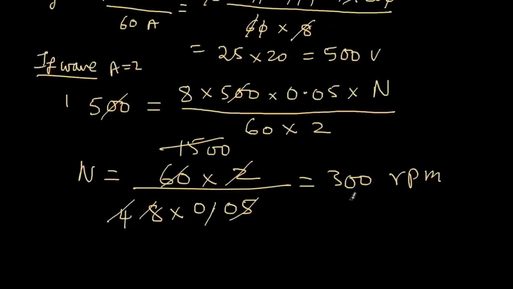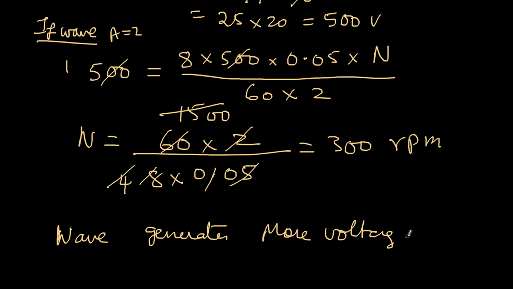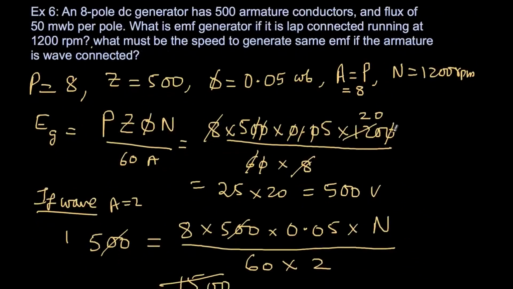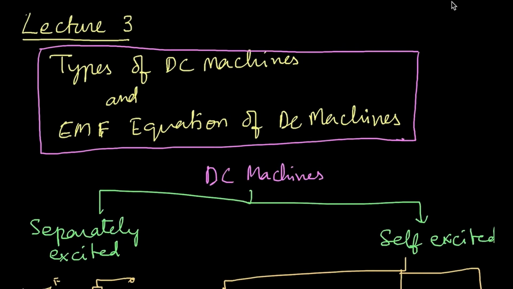So there is wave, which generates more voltage for the same speed, because the number of parallel paths are less and series conductors are more. So I hope you learned something from this. So let's continue. Conclusion of this particular lecture 3.